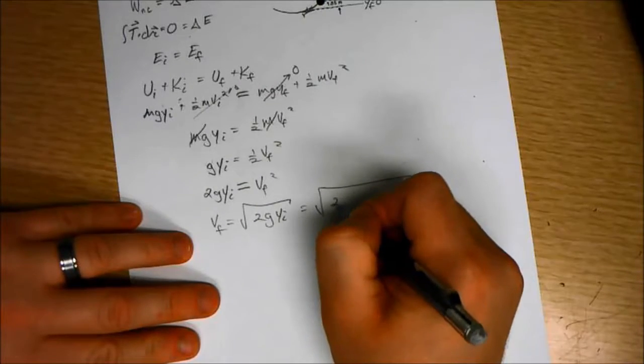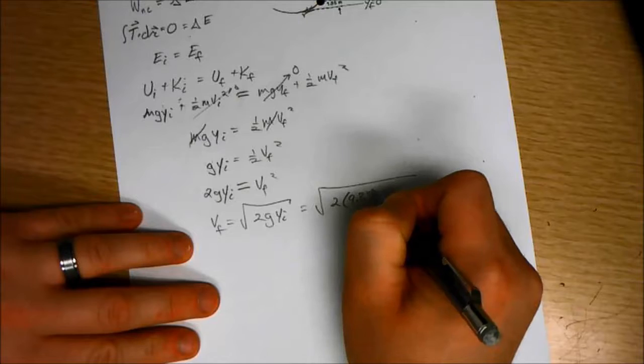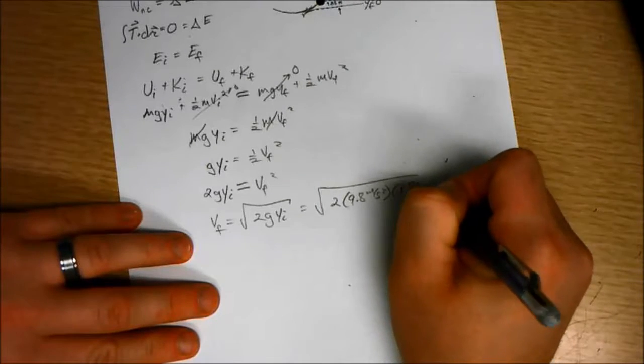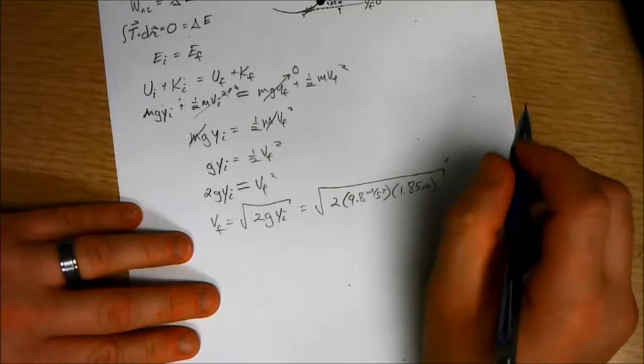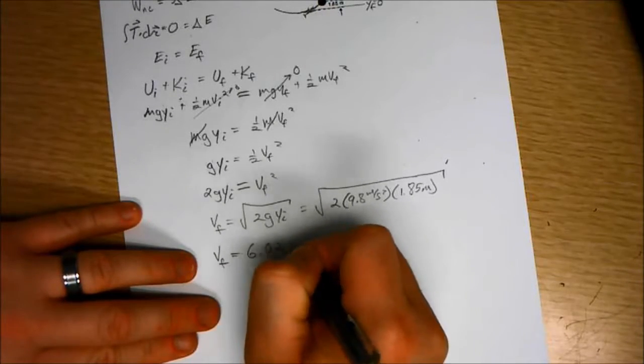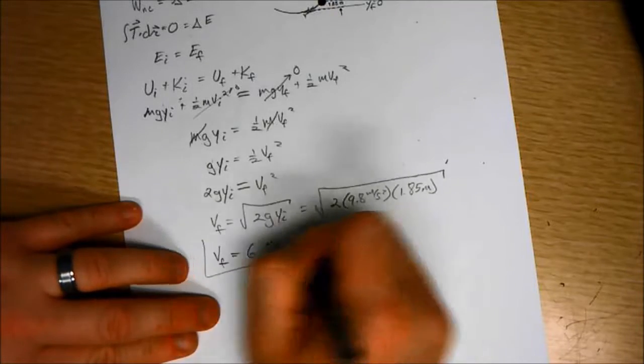That equals the square root of 2 times 9.8 meters per second squared times y initial, which is 1.85 meters. And when you multiply that out, that gives you 6.02 meters per second.